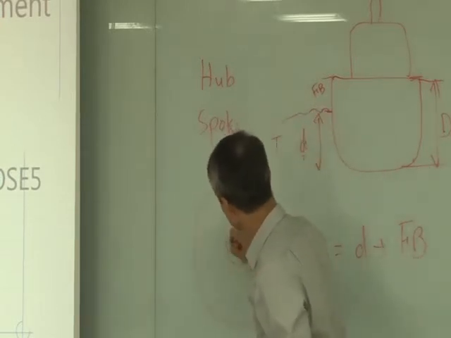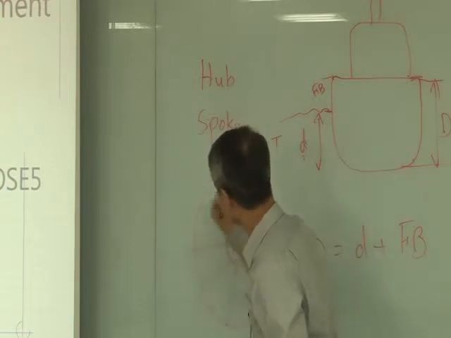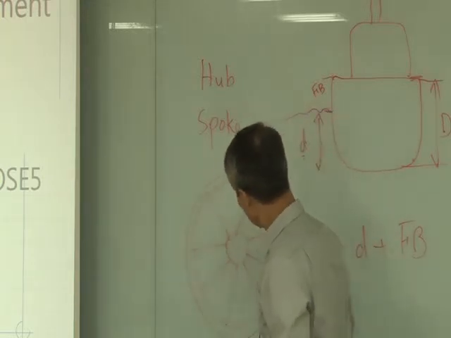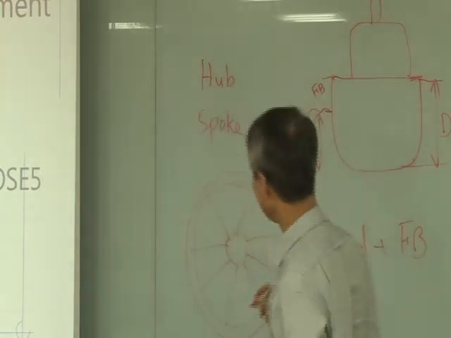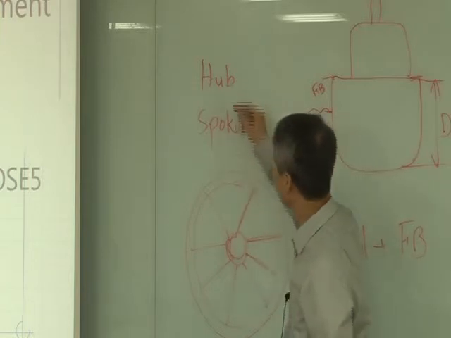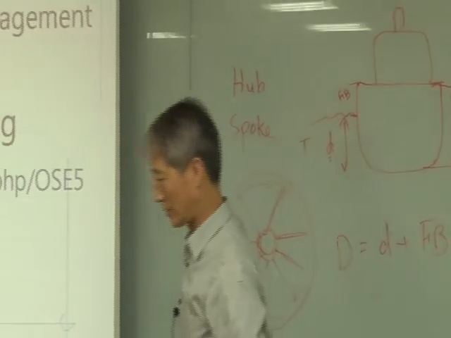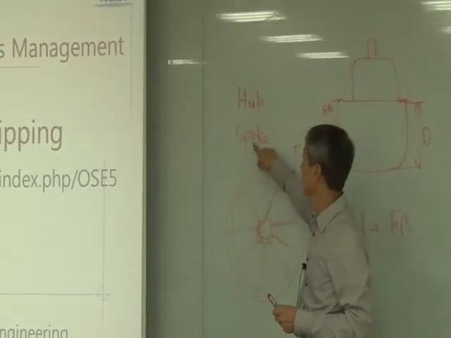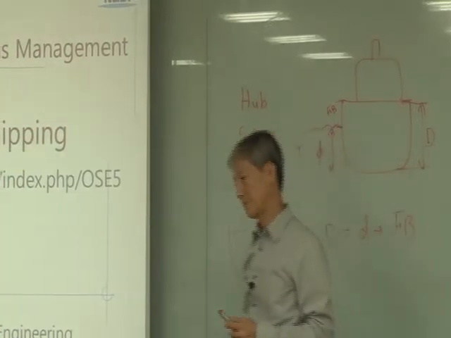Like a cycle, a wheel. This is a hub. This is a spoke, right? Hub and spoke. The same idea in shipping. So short sea shipping means the spoke area, not the hub line, the spoke.